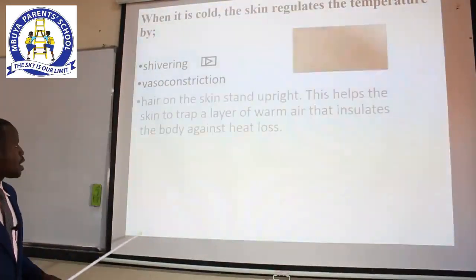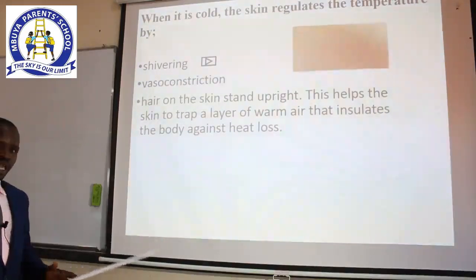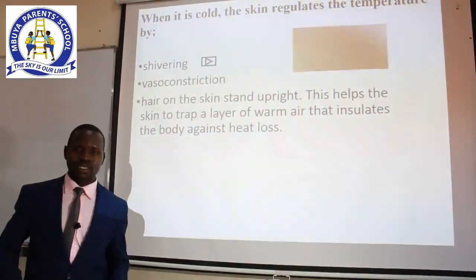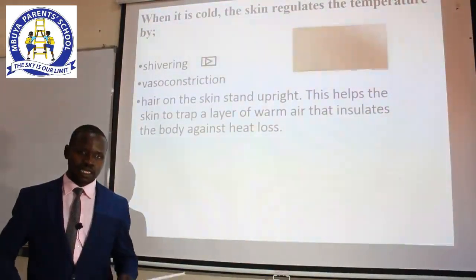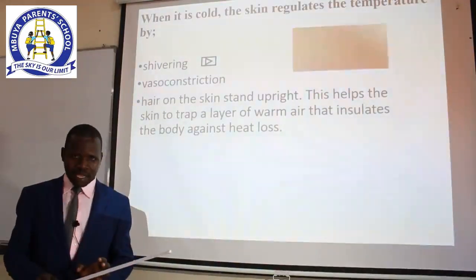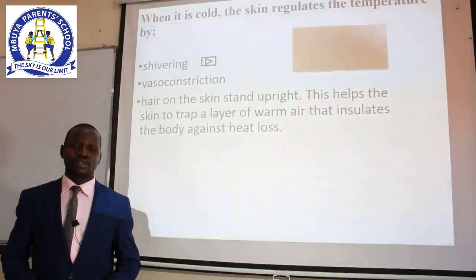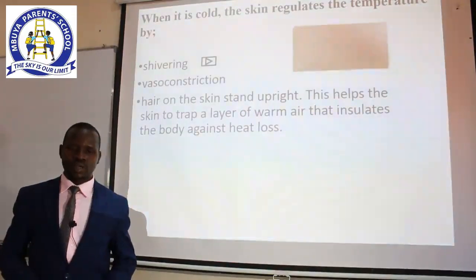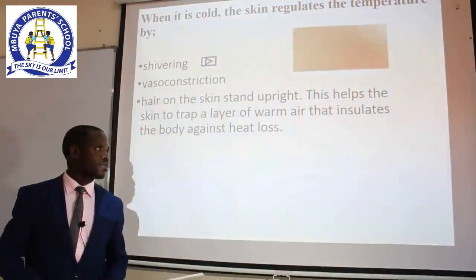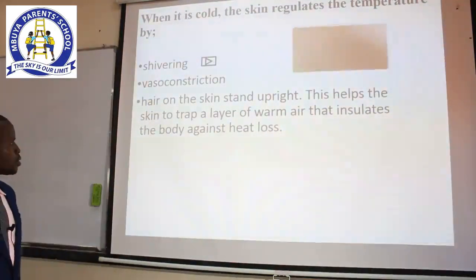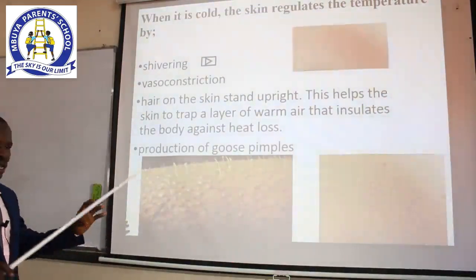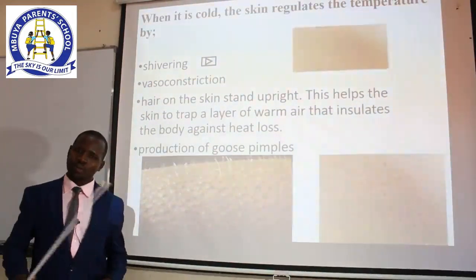So, we also have the behavior of the hair standing upright during this kind of weather, such that a warm layer of air is trapped to provide insulation and keep the heat up in our body. So all these processes help in keeping our bodies warm.